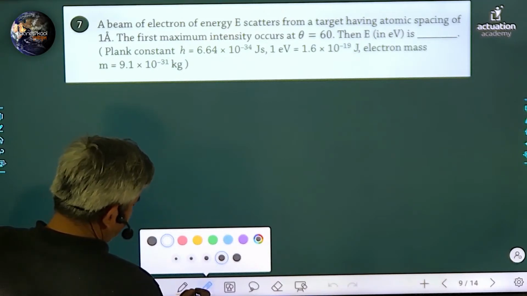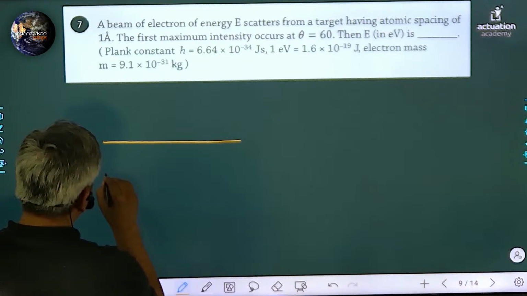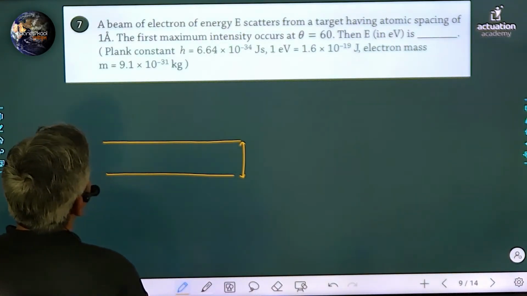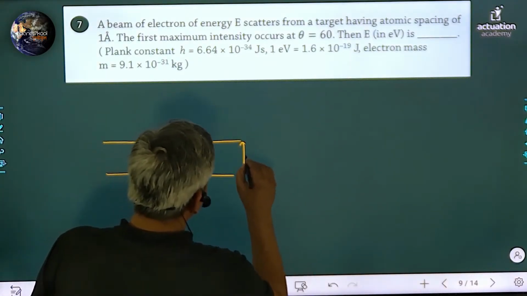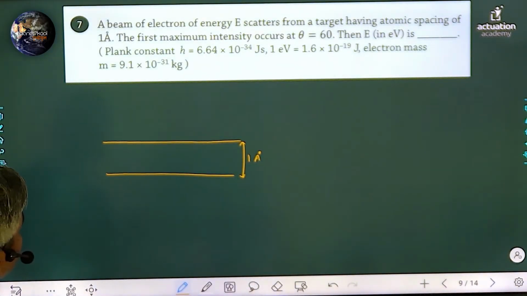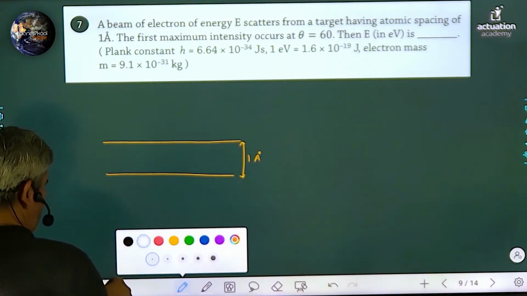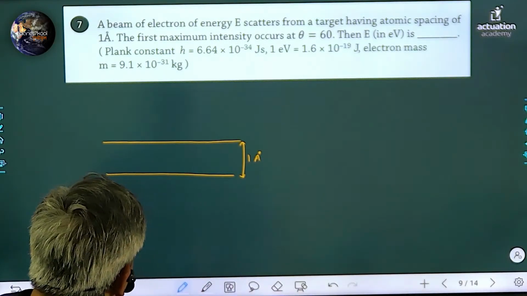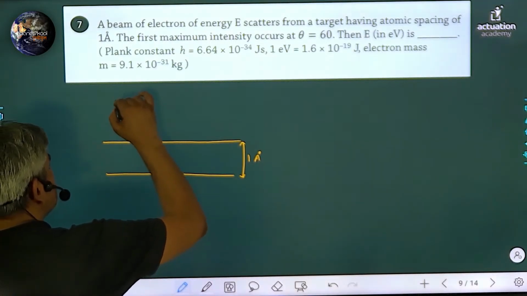So, we are given the atomic target whose layer spacing is 1 angstrom. The first maximum intensity occurs at theta equal to 60 degree. Now, if you have studied Bragg's law of X-ray diffraction, this question belongs to that.